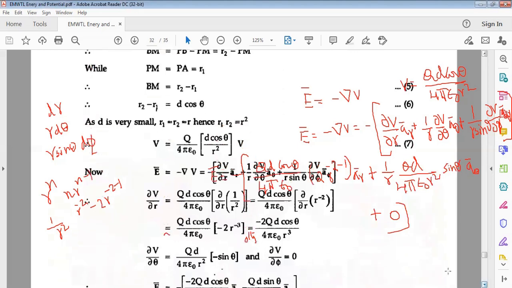You see here, finally, for dou v by dou r, the term we get is minus 2 qd cos theta by 4 pi epsilon naught r power minus 2 minus 1, which is r cube. That is the first term.